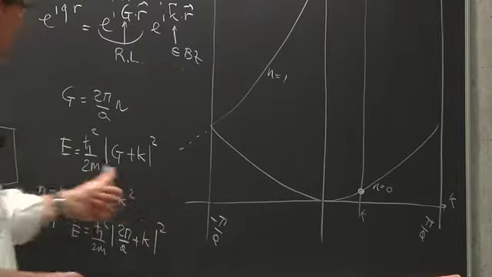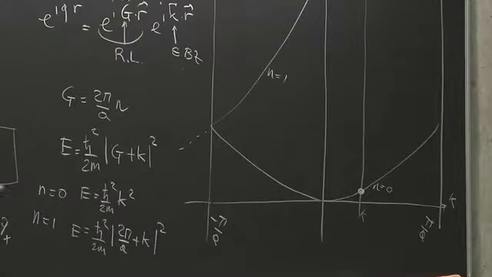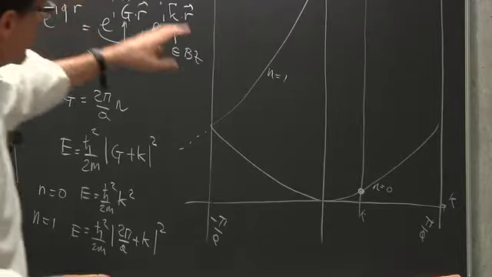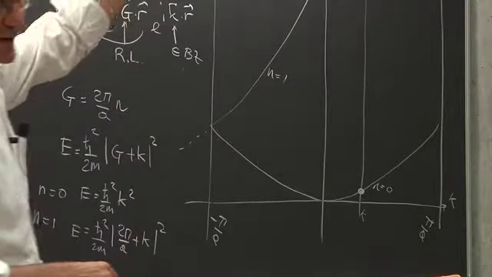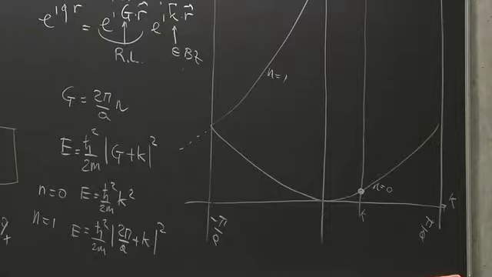So it's a parabola centered at 4π over a. Well, it doesn't fit on the blackboard, because the parabola centered here will cross the Brillouin zone very, very high in energy. So I cannot forget about it, but it's going to be outside the blackboard.